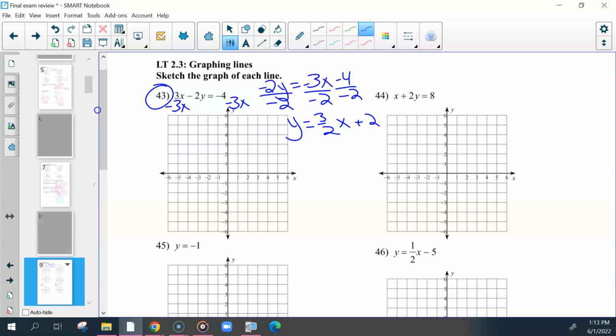So we would start at our y-intercept positive 2, use our slope and go up 3 to the right 2 as many times as possible, as well as down 3, left 2 as many times as possible. And then connect your dots to make a line.